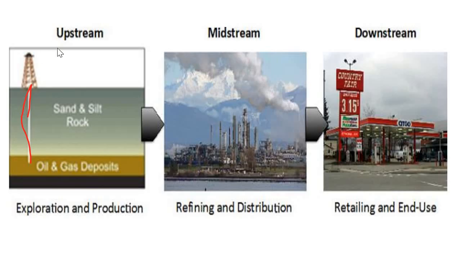An oil well is made to bring out the oil, and from here it is sent to refinery industries, then to distribution industries, and from there to retailing and end use. After refining, the petroleum is sent to the gasoline places, that is petrol pumps, to sell.